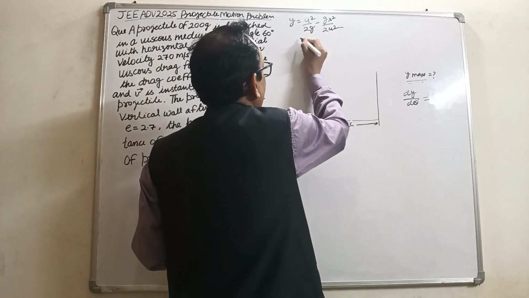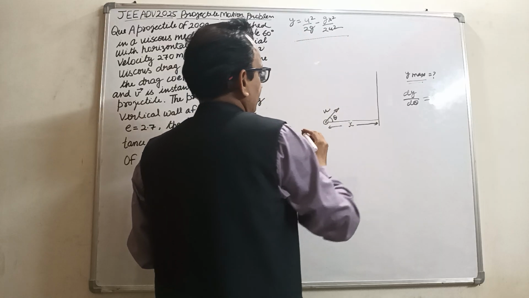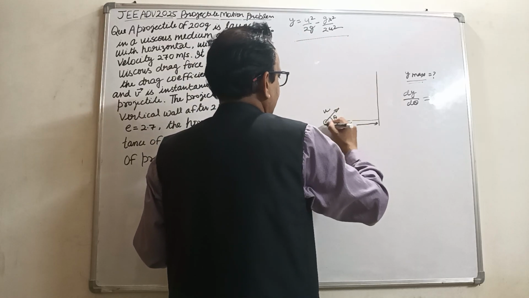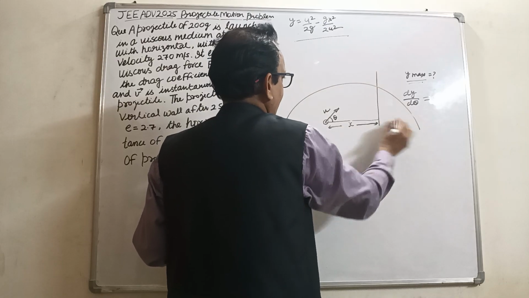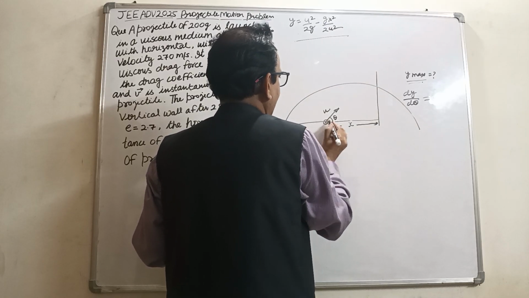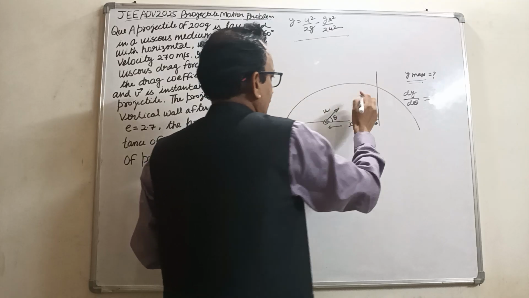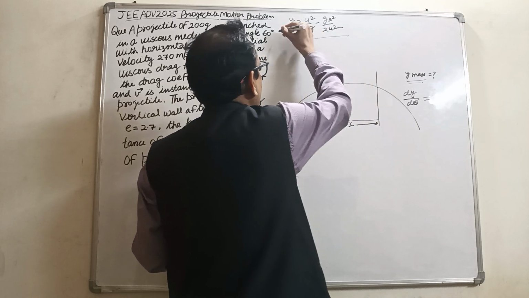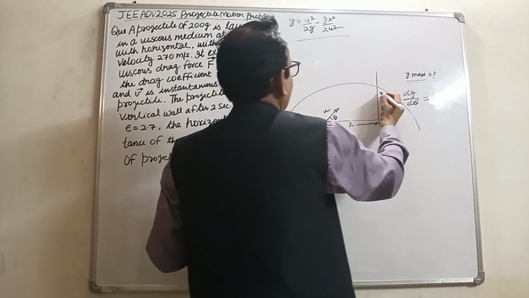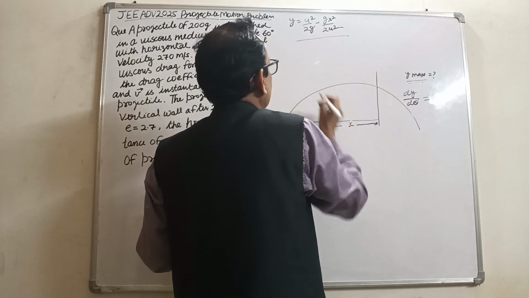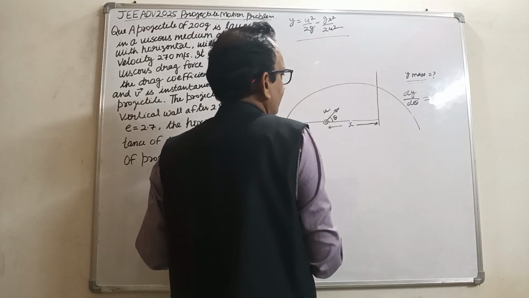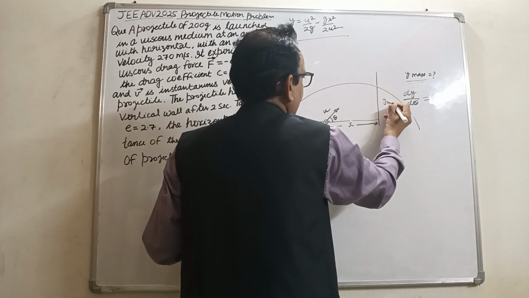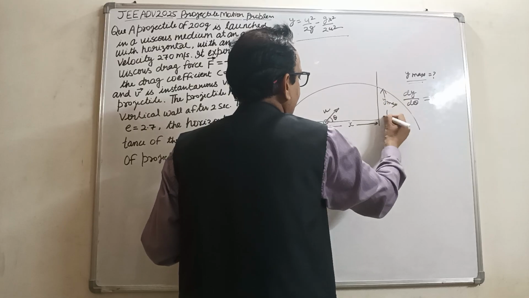But from here we can easily find it: this point must lie on the safety parabola. So we know the equation of the safety parabola. So placing the value of u and x here, we find the value of y maximum from the equation of the safety parabola.